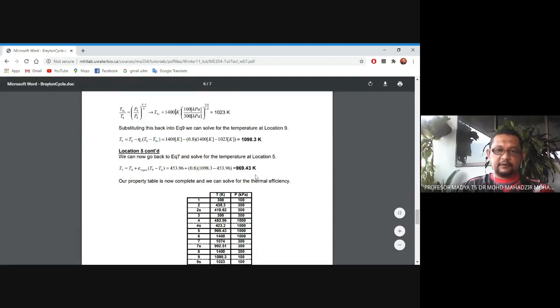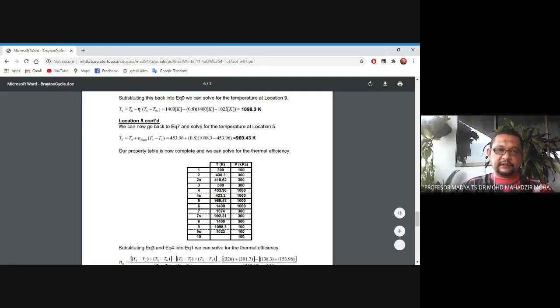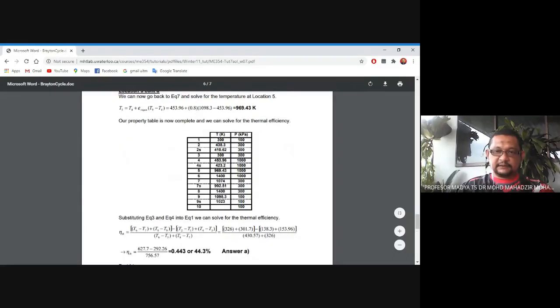Okay, and then go back to T5 in equation number 7. We have got the temperature at state number 9, so from there put in all the values and you will get the answer for T5. This is all the answers that have been tabled.